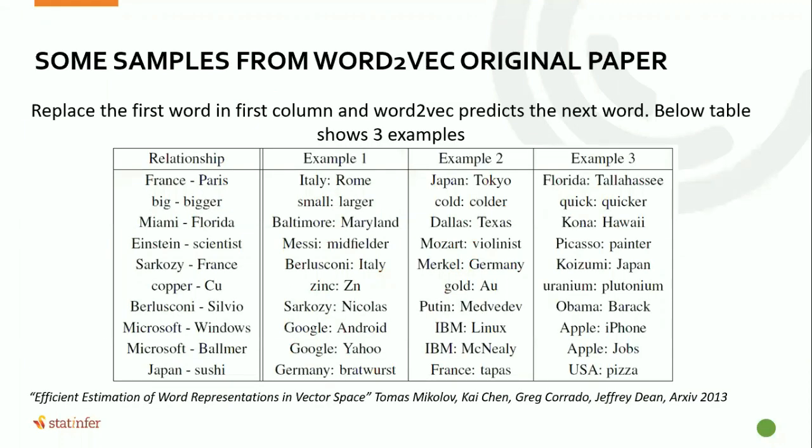In the actual paper, they have given really beautiful results. They have shown that if you give France and Paris, and then you just give Italy, if you do not mention anything here, automatically it will be predicted as Rome. If you say France to Paris, how is Japan? And if you leave it blank, Tokyo will be predicted here. In a particular corpus, they trained on chemical elements and all that.